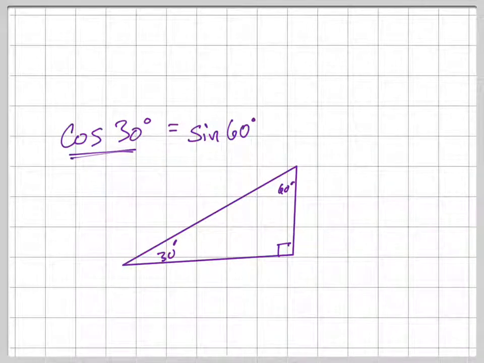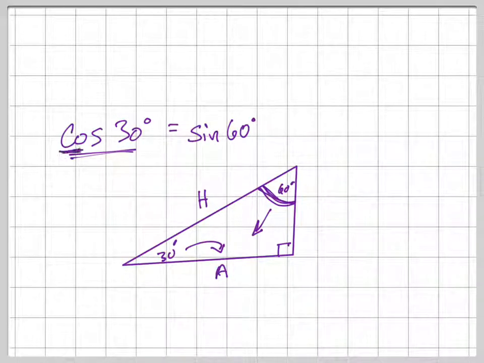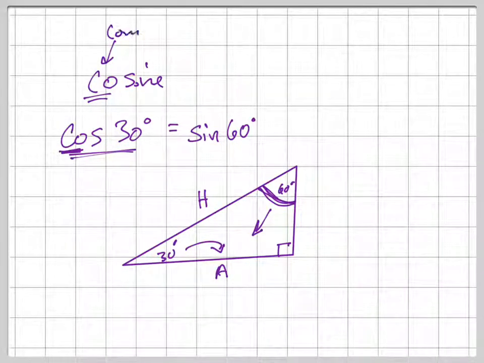The cosine of 30 is adjacent over hypotenuse. And what's the sine of 60? It's the opposite. Well, what's the opposite of 60 going to be the same as? The adjacent of 30. That's the reason it's called a cosine, because it's the complement.